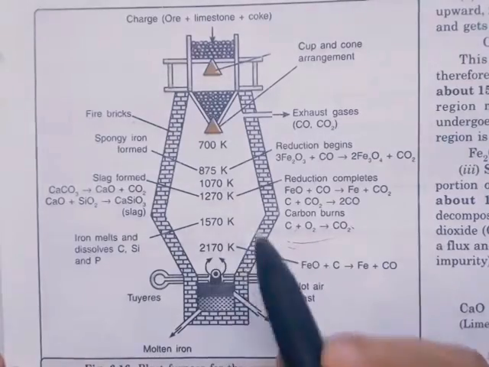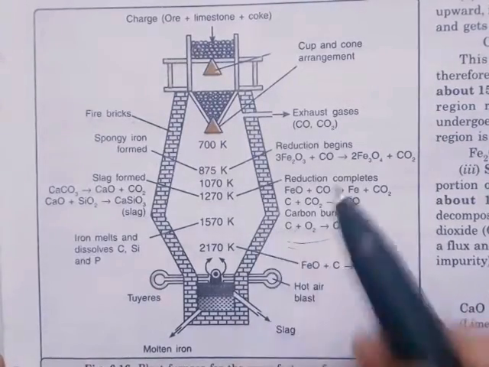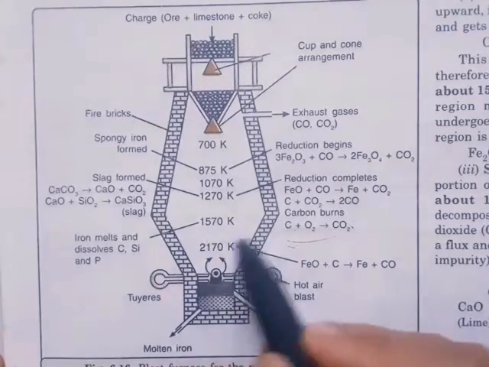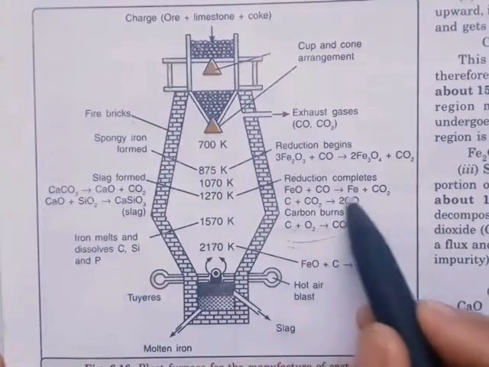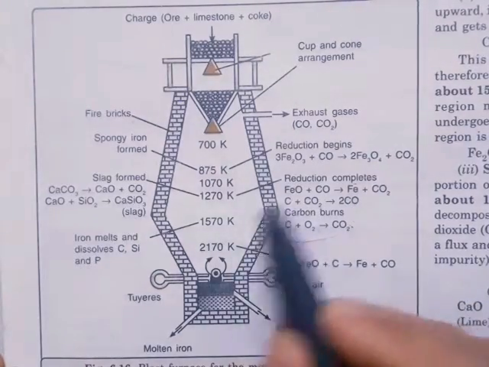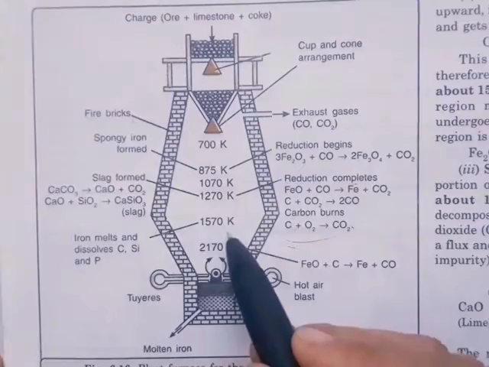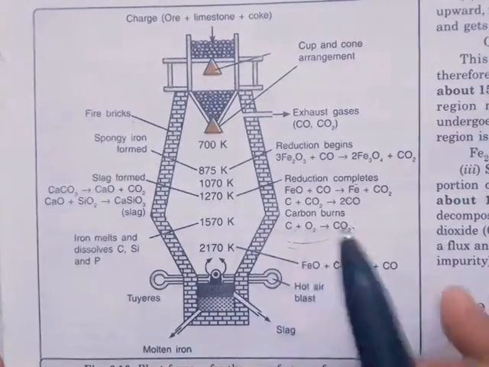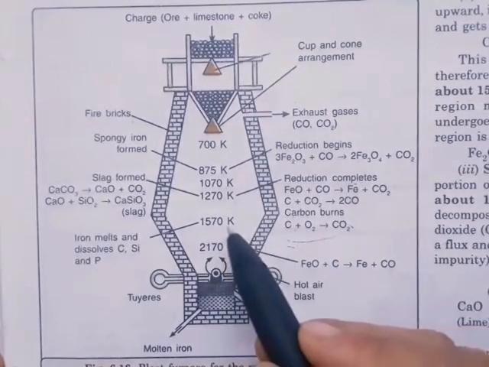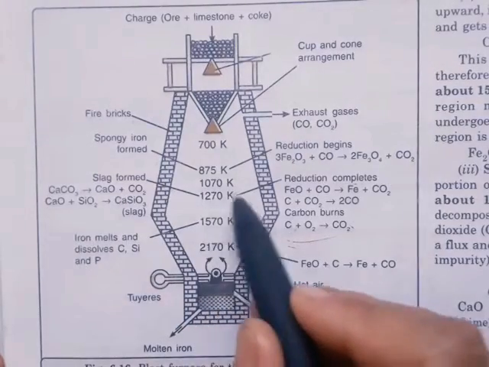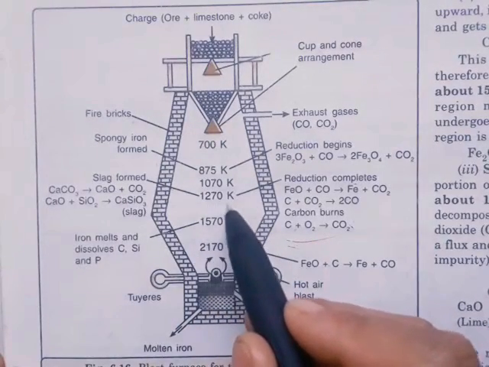And if any ferric oxide is present, it will get reduced to iron, so the complete reduction will take place in the fusion zone. Then next is the slag formation zone, where the temperature is about 1270 Kelvin.